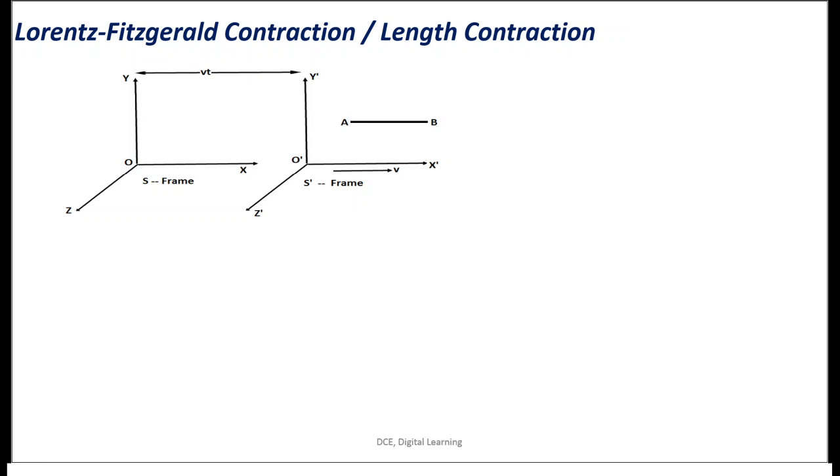Let us consider two frames of references S and S prime. S prime frame is moving with the velocity v with respect to S frame, which is at a distance of vt from S frame. Let us take a rod with ends A and B. A and B are the ends of the rod with respect to S prime frame.